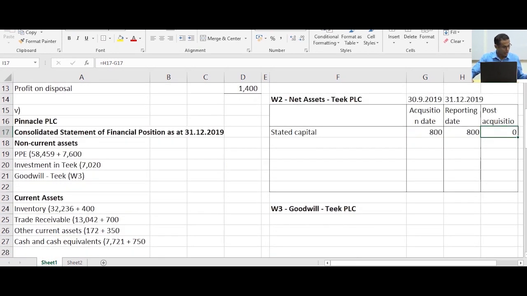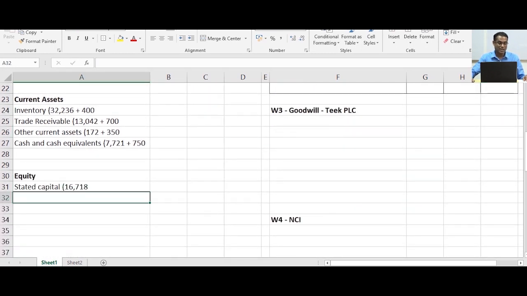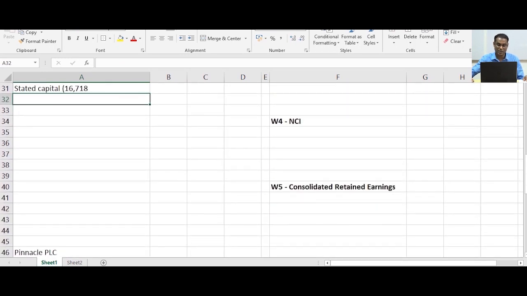Then thereafter, after the stated capital, what do we have on the balance sheet? If I go back to the parent's balance sheet, Pinnacle's balance sheet, Pinnacle is having the retained earnings figure 46,245. Now I can take that to the face of the balance sheet straight away, but you know that when it comes to consolidation, lot of consolidation adjustments are flown through the consolidated retained earnings. Because of that, without doing these adjustments on the face of the consolidated statement of financial position, you do a separate working for the consolidated retained earnings, that is working number 5 here.